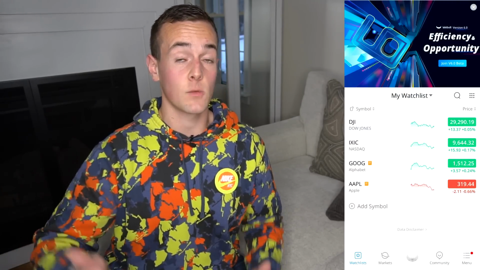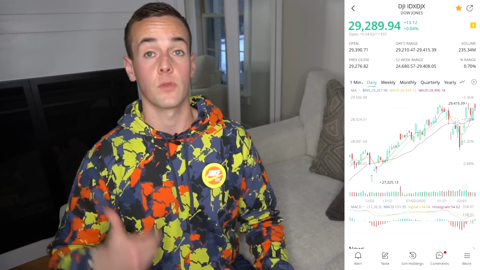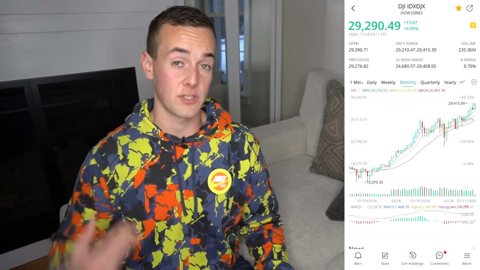For this type of trading, if you're an intermediate trader, Webull is going to be your best bet in my opinion. And the best way to explain what Webull is, well, it's basically a more advanced version of Robinhood. They pick up where Robinhood leaves off in terms of the research tools. They offer different technical indicators and more advanced charting.